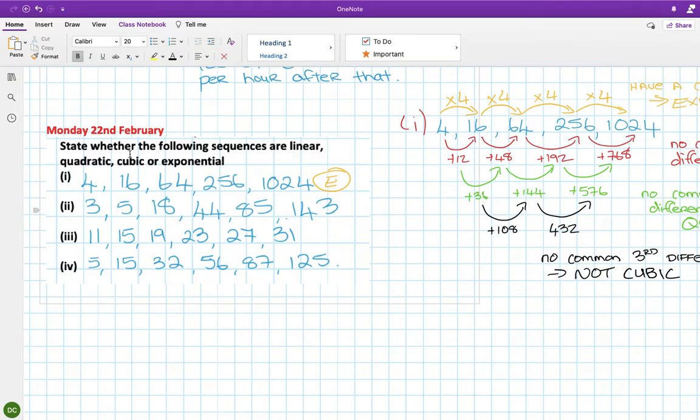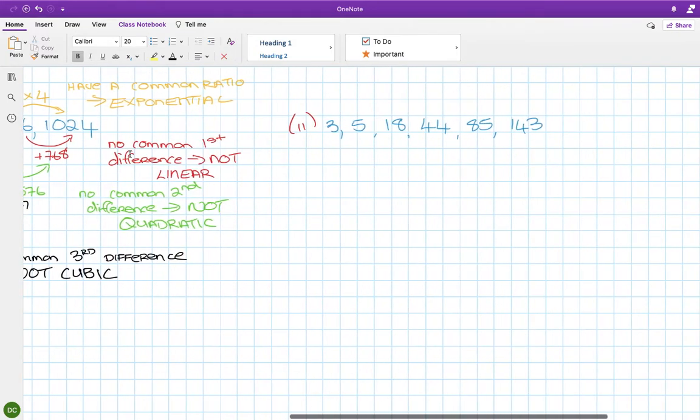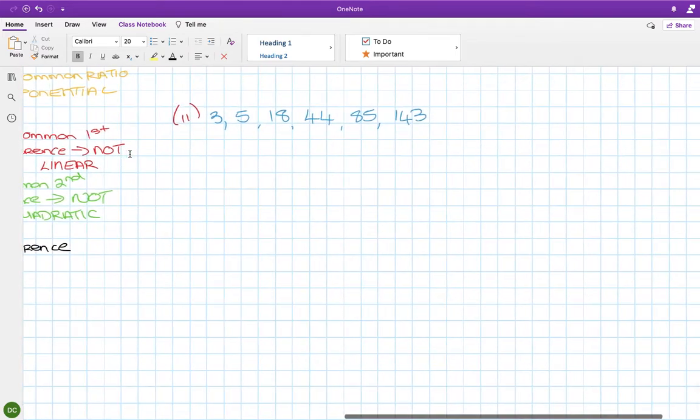So 3, 5, 18, 44, 85, and 143. Okay, here we go again. So, first difference, 3 to 5, that is a 2. 5 to 18 is 13. 18 to 44, I'm not sure about that one, so I'm going to do 44 minus 18.